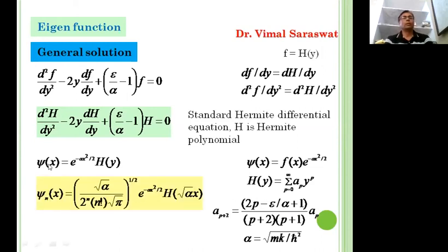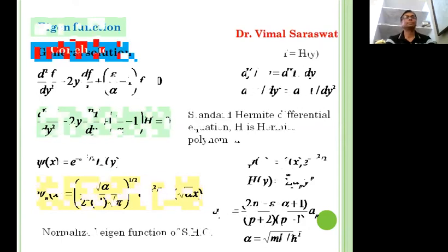So the wave function, which is actually the solution of the simple harmonic oscillator in normalized form, will be psi n of x equal to root alpha upon 2 raised to n factorial n root pi, whole power half, exponential minus alpha x square by 2 h n of root alpha x. And this is the normalized eigenfunction of the simple harmonic oscillator.